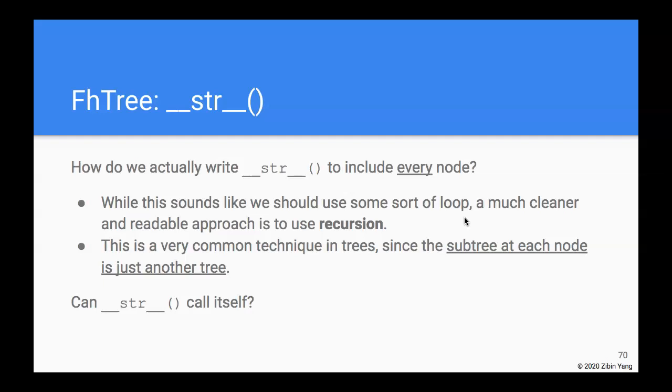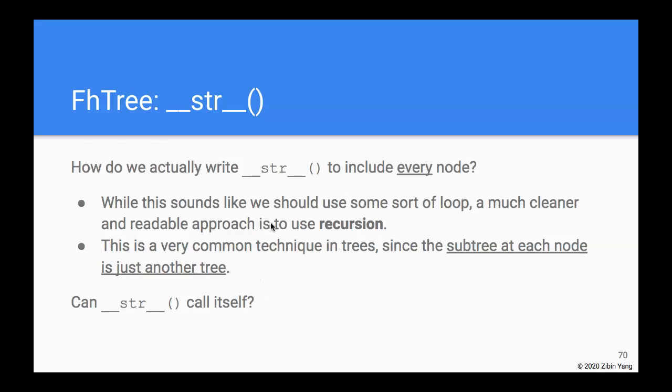So a much easier, cleaner and more readable way is to use recursion instead. And as it turns out, we're going to use recursion a lot in trees, because remember what we said earlier is that a subtree at any given node is just another tree. So trees quite naturally lend themselves to the use of recursion.